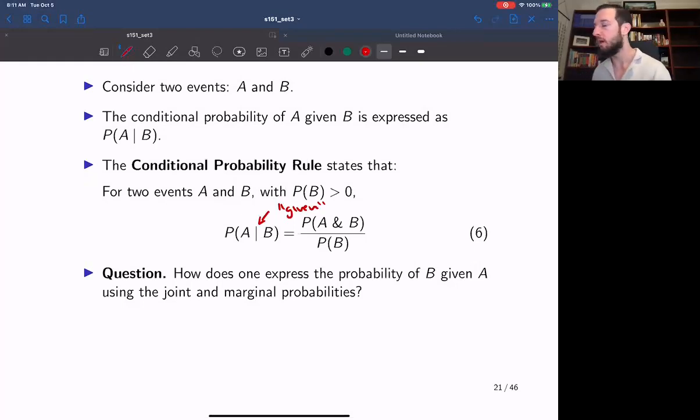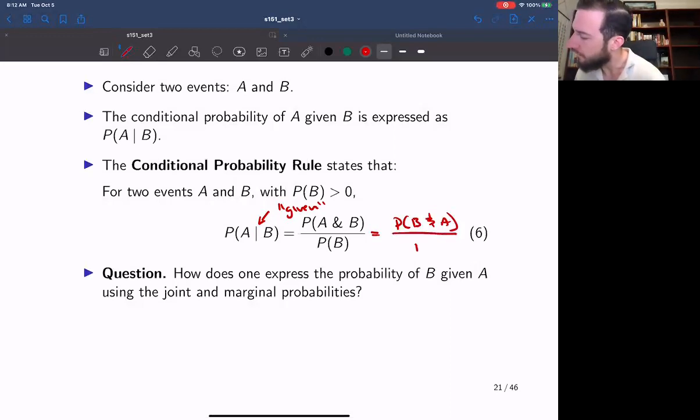From a technical standpoint, computing the conditional probability is still very straightforward, because we simply take our joint and our marginal and divide the joint by the marginal. Notice that the joint probability in the numerator, we can write as P of A and B, or as P of B and A. It doesn't matter which order you do this part in, because those two joints are the same thing.